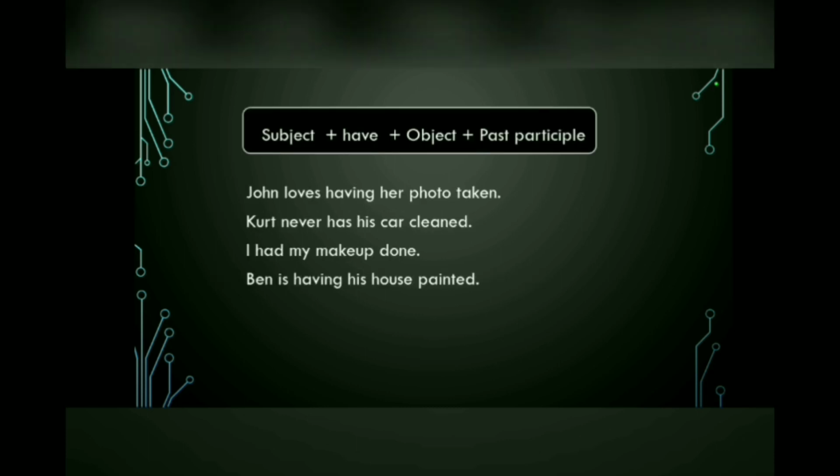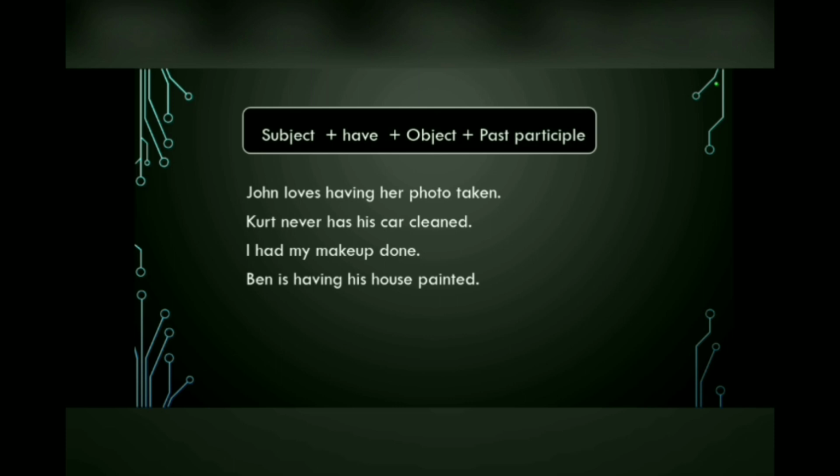The structure is subject plus have plus object plus past participle. So, following that structure, we have: John loves having her photo taken. Subject, have in its correct form, object, past participle.